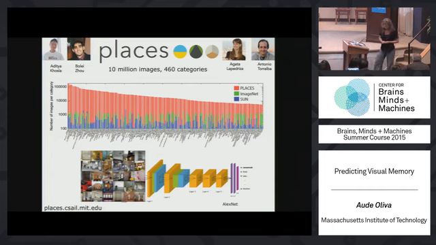And the Places data set is actually part of the ImageNet challenge this year, which means that you can go to ImageNet and register for the challenge and download right now, or tonight, 8 million images of places to use for the learning of your neural networks, as well as a set that will be used for the testing, and participate in the challenge. So this was launched last week, and the website associated with Places will be launched this week.